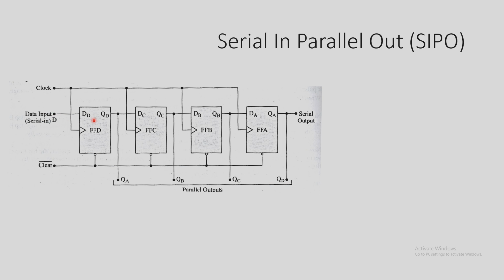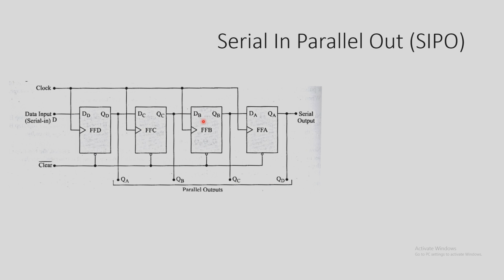This data will be shifted to the first flip-flop at the first edge, and at the next edge this data will be shifted to the second flip-flop, and this flip-flop will contain the new input. So 2 flip-flops have now stored 2 bits of information.